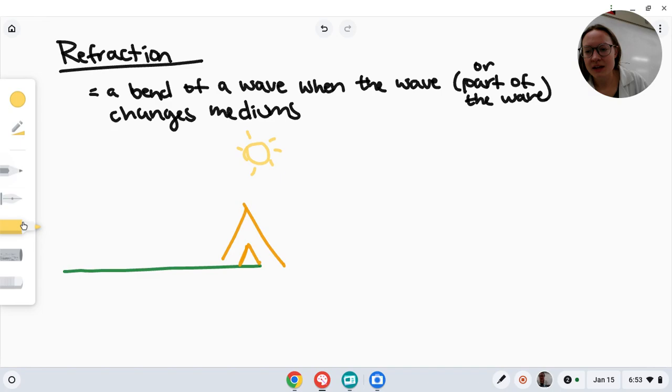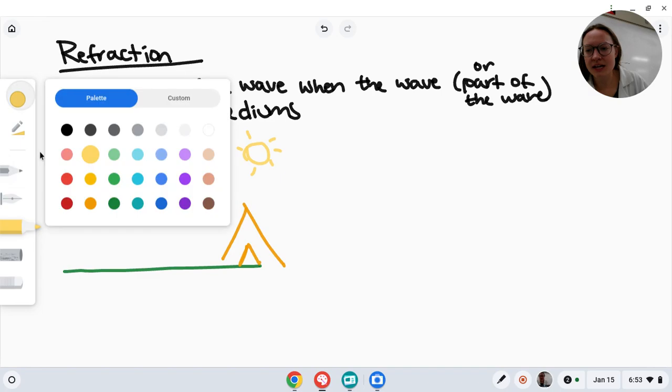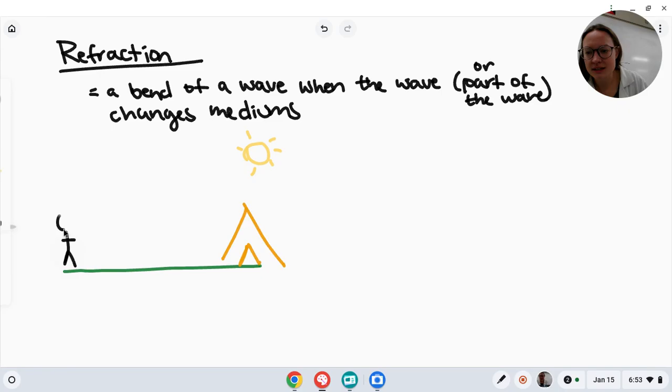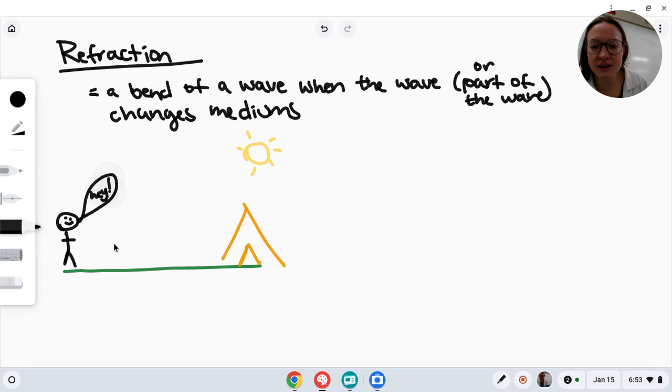Your friend who's standing outside of the tent calls to you and says, "Hey, it's time for lunch." Well, here's what happens during the day. The reality is that the ground has a much lower specific heat capacity than the air.